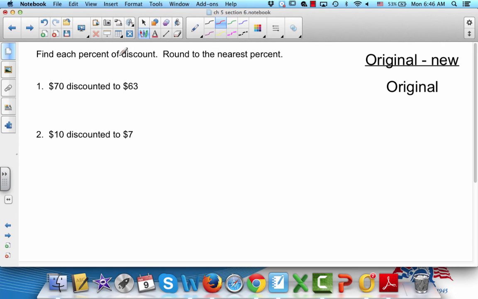All right, let's find each percent of discount. You can use the same formula: original minus new over original. The original price is $70. The new price is $63. So we go 7 over 70. And we can reduce that. 7 goes into 7 1 time. 7 goes into 70 10 times.